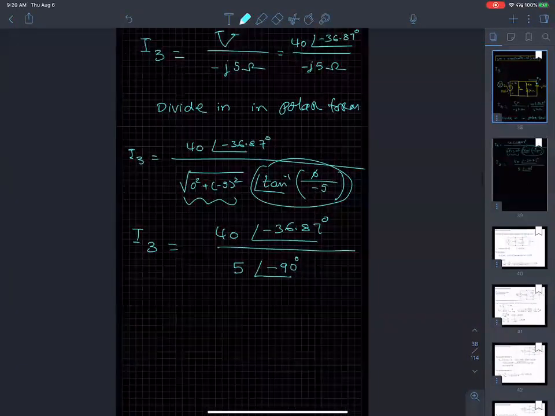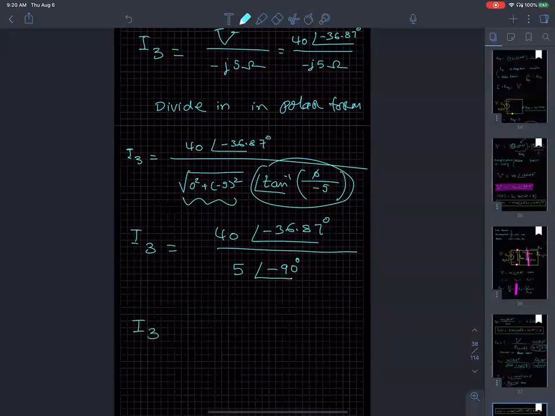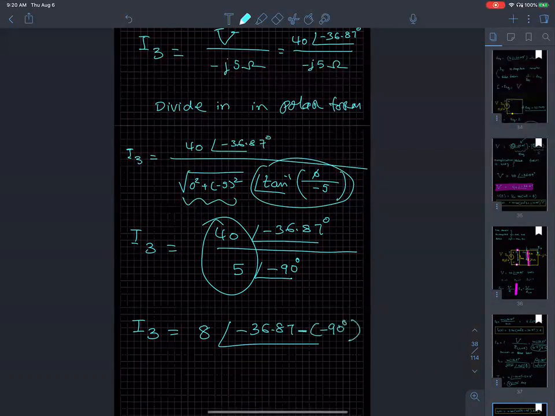Now for I3, it's easy to do the division in the polar form. You simply have to divide these two, and when it comes to angles, you subtract them. So I3 is going to be 8 angle 53.13 degrees amperes.